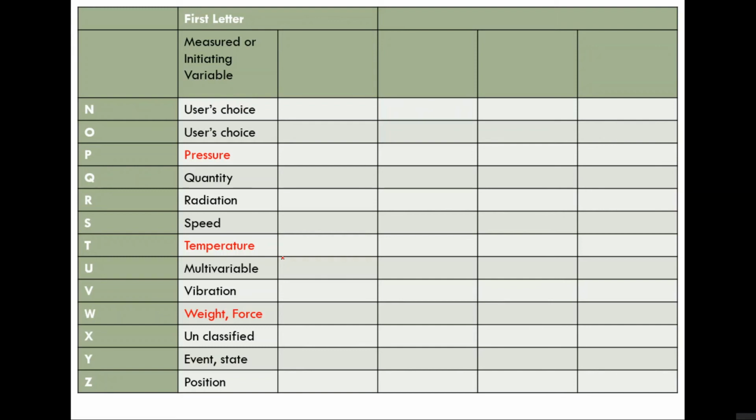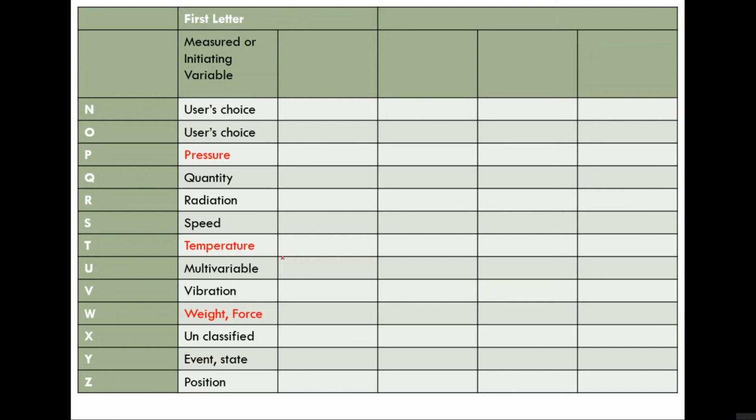So P means pressure. Okay, Q means quantity. That is not important for us. R for radiation. If you are sensing radiation, then RE we have to use, radiation sensor, radiation primary element. Okay, so R for radiation.